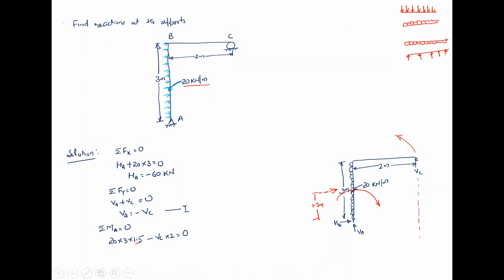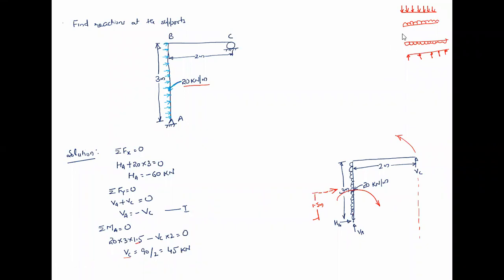Because if you extend the line of action of VC, and take the perpendicular distance from point A to this line of action, then this distance will be 2 meters. So minus VC into 2 is the moment. Now this moment balance equation will give you VC equal to 90 by 2, that is 45 kilonewton.